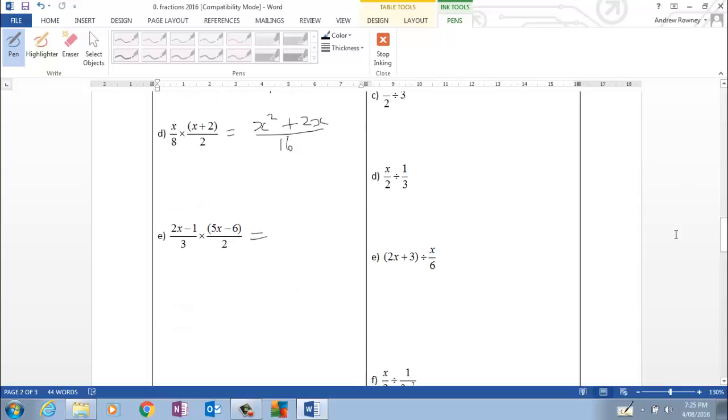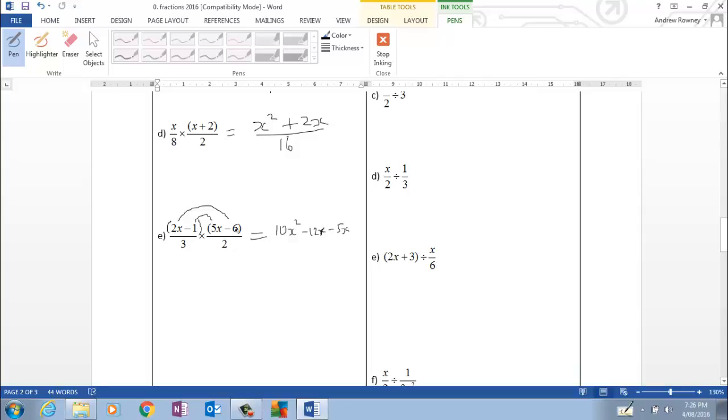This one here, multiply the top. Now we've got to FOIL this, firsts, outers, inners, lasts. So doing the firsts, that will give 10x squared. Doing the outers, you get minus 12x. And doing the inners, you get minus 5x.